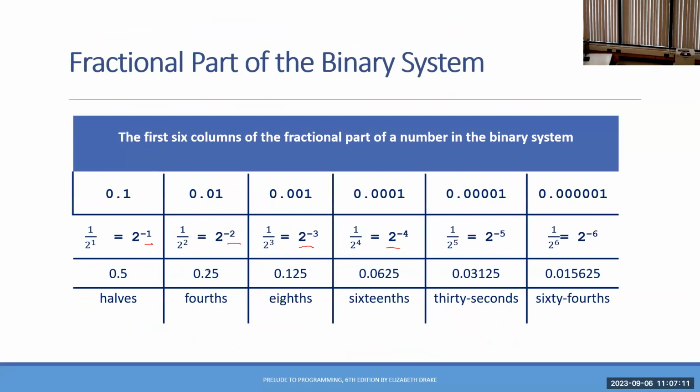And we solve that: 1 over 2 here, 1 over 4 here, 1 over 8 here, 1 over 16 here, 1 over 32 here, and 1 over 64 here, and so on. That's when we work it here: 0.5, 0.25, 0.125, and so on. Keep doing it.